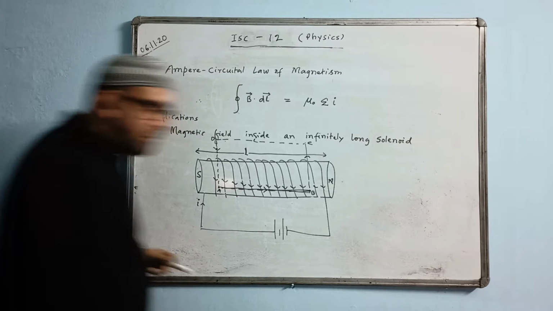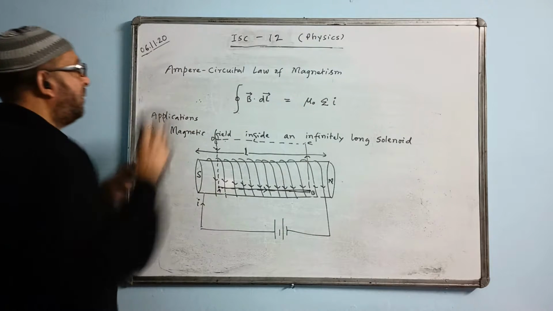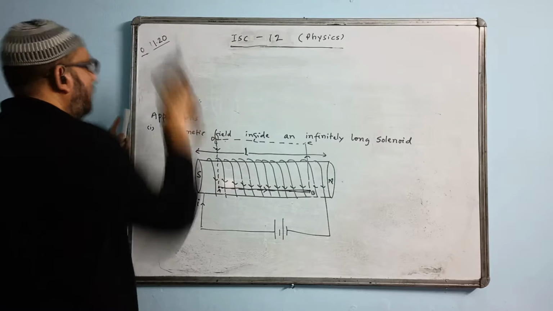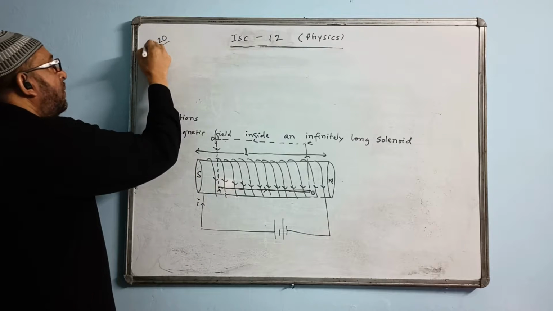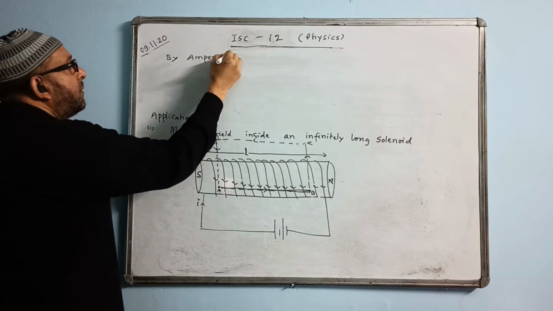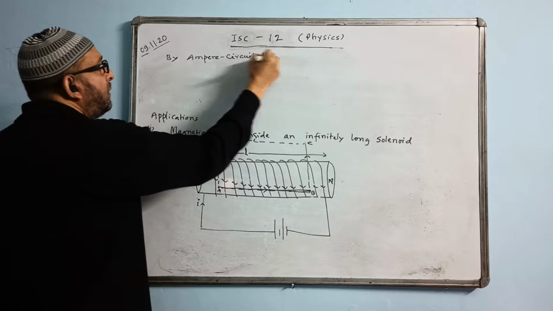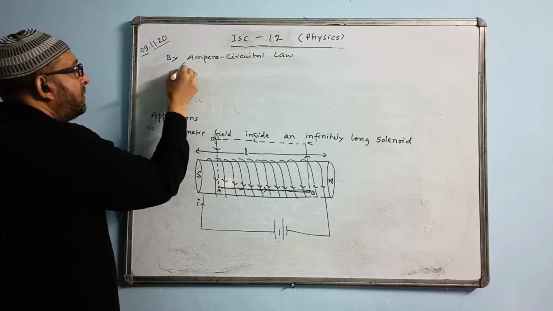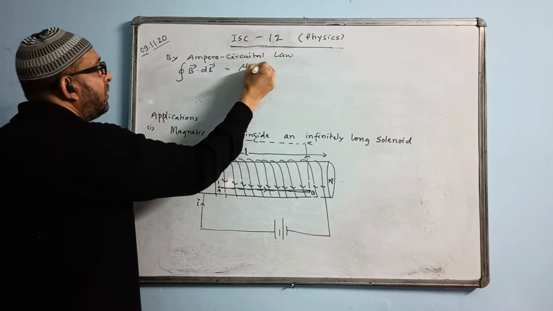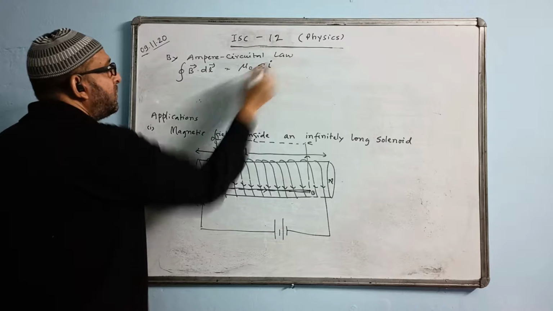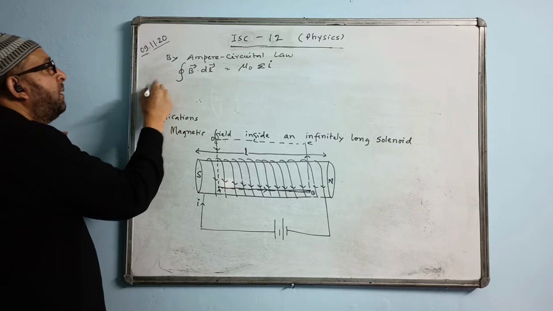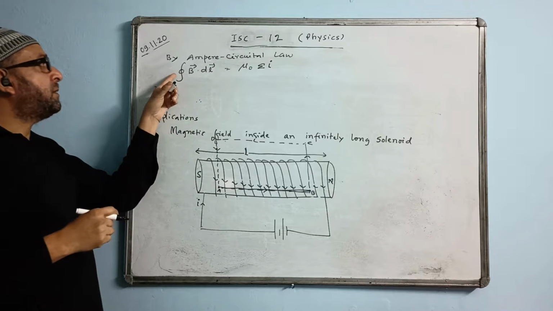Now we will be applying Ampere's circuital law. By Ampere's circuital law, we write the integral of B dot dl equal to mu naught times the summation of I. This is called a line integral.